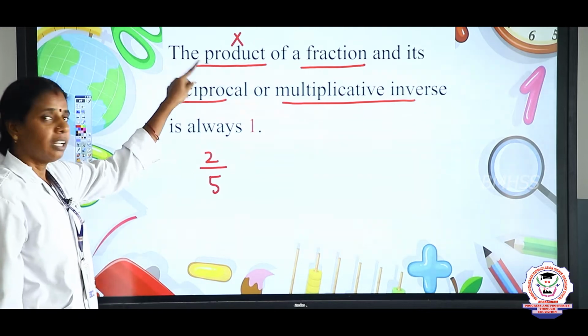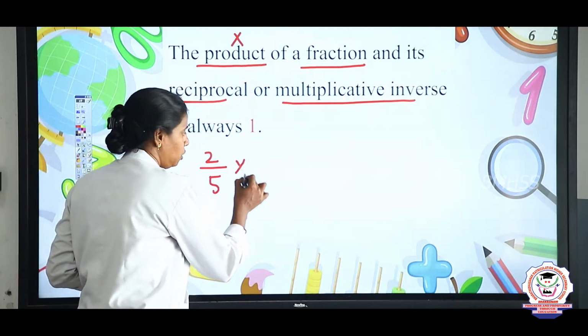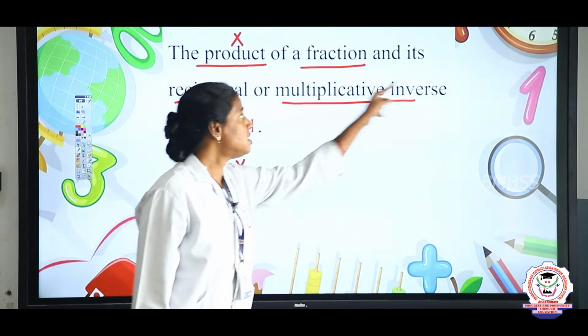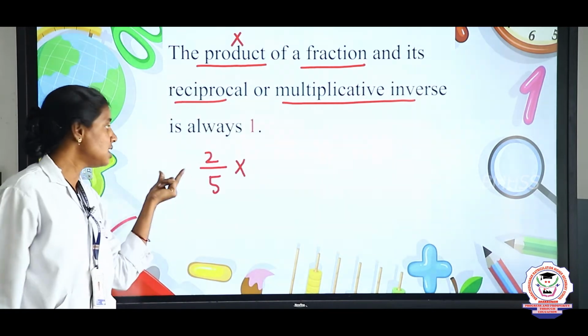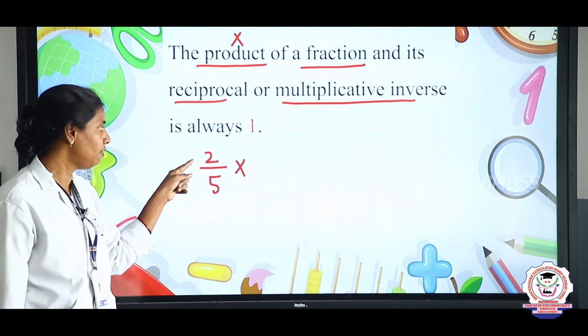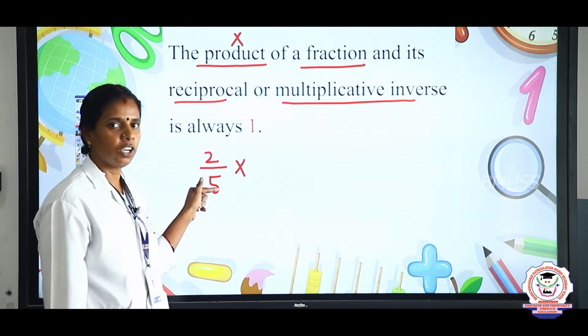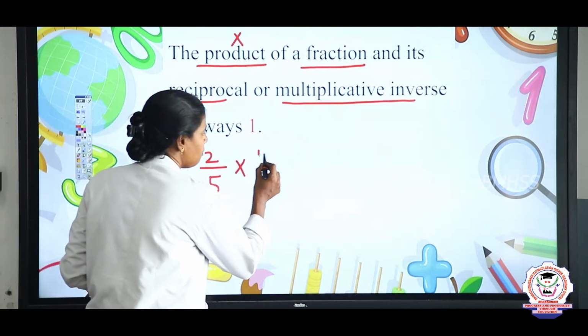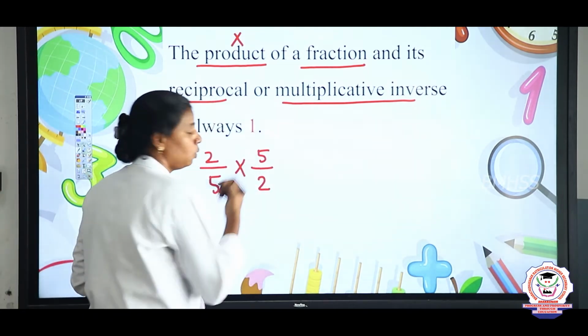Its reciprocal means the fraction's reciprocal. Here the fraction is 2 by 5. Okay. So, what is the multiplicative inverse of 2 by 5? Yes, 5 by 2.